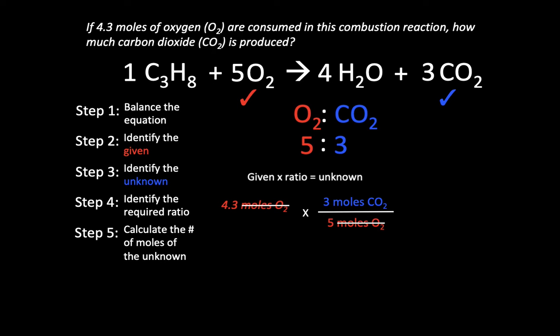At this point, our moles will cancel, and we're left with our numbers. We have 4.3 times 3 divided by 5, which gives us 2.6 moles of carbon dioxide. If we started with 4.3 moles of oxygen, we end up with 2.6 moles of carbon dioxide. And that is all we have to do in order to switch from moles of one substance to another.